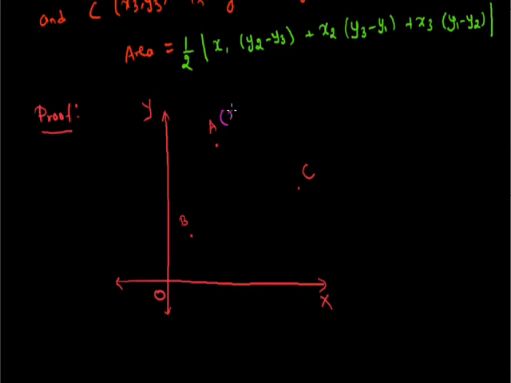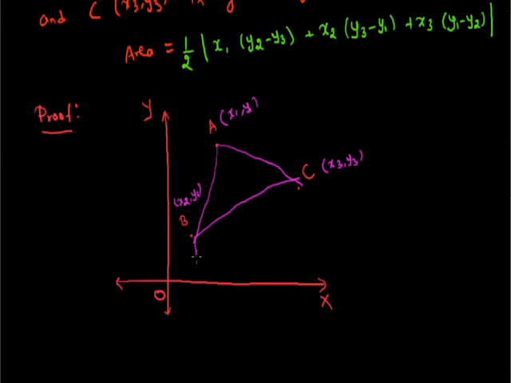The coordinates of A are (x1, y1), of B are (x2, y2) and of C are (x3, y3). Now we have to find the area of this triangle.